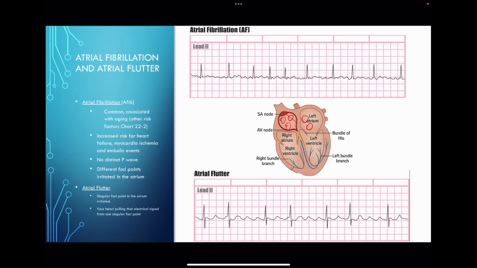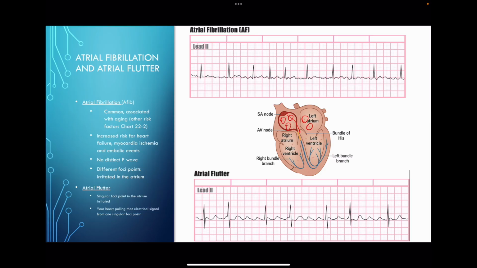So they're all just collectively firing to send it down. This means that that signal doesn't stem from just one singular point, which means that your atrium is essentially quivering to get that signal down to produce that complex, which creates the squigglies.